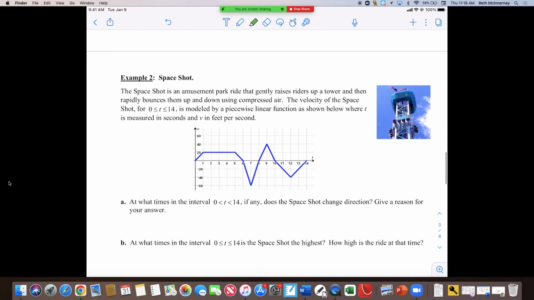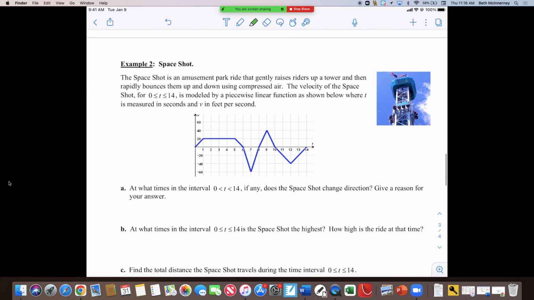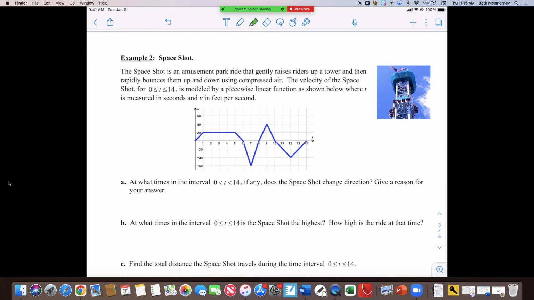All right, let's go ahead, and we won't get very far, but we'll get a little bit into example 2. It says the space shot is an amusement park ride that gently raises riders up a tower and then rapidly bounces them up and down using compressed air. The velocity of the space shot for time 0 to 14 is modeled by a piecewise linear function as shown below.